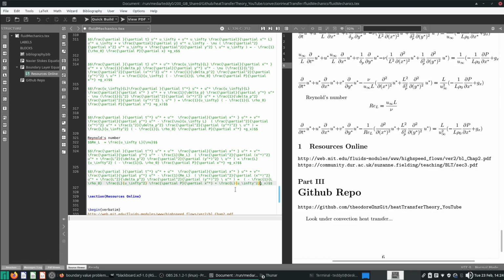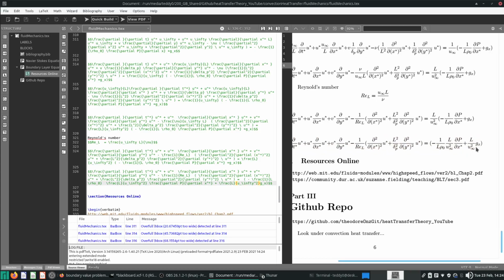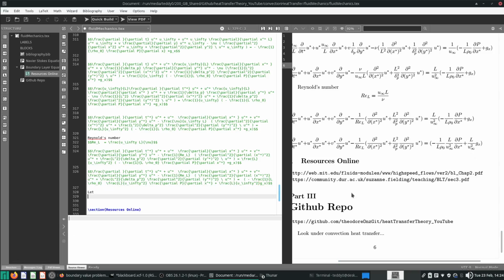But before that, I wanted to help get something. Another dimensionless number is going to pop up. So let's scale gravity.